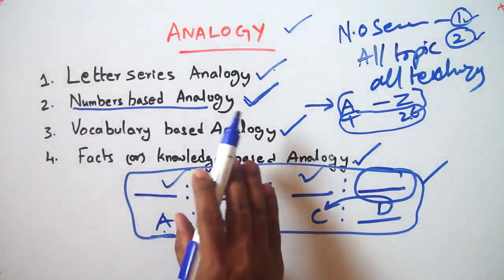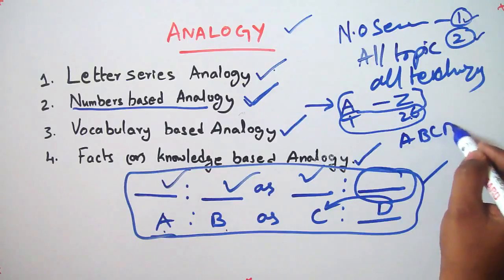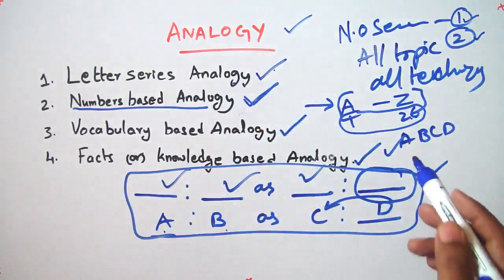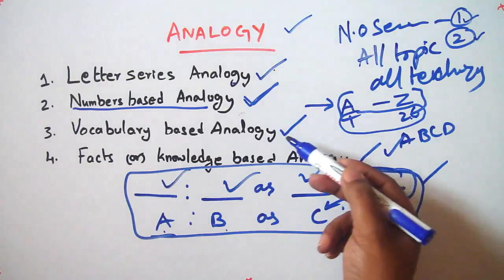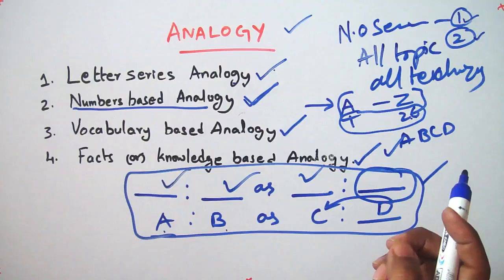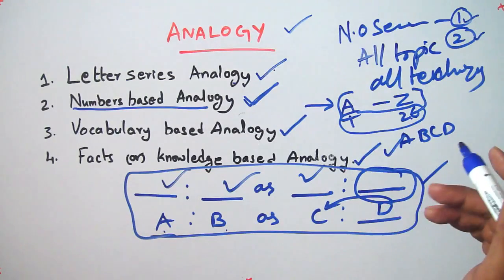If these numbers are replaced by alphabets, that is A, B, C, D, then it is called letter series analogy. What is vocabulary based analogy? Vocabulary based analogy is nothing but synonyms and antonyms, friends. Next is facts based analogy or knowledge based analogy.